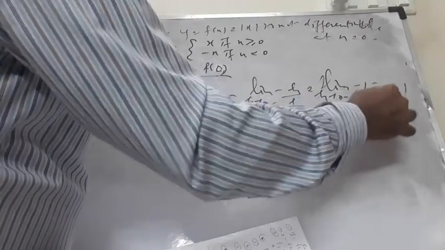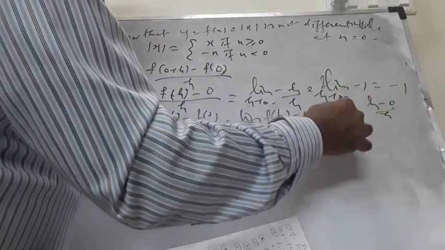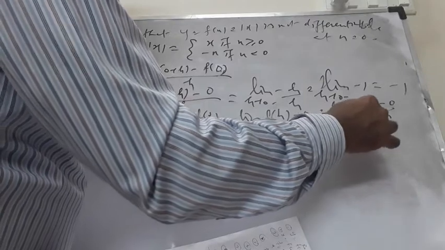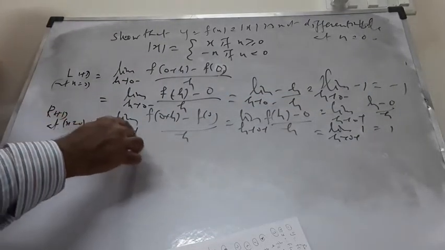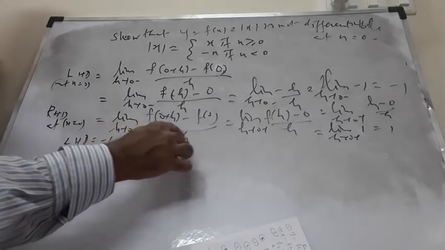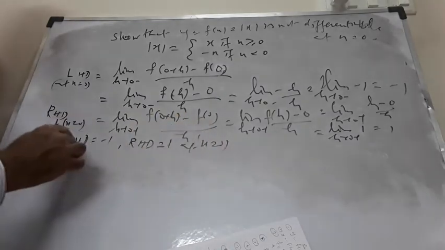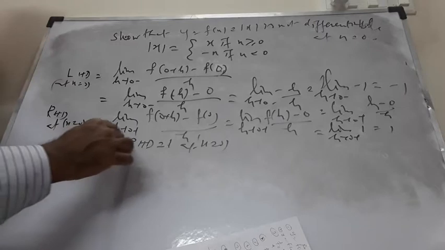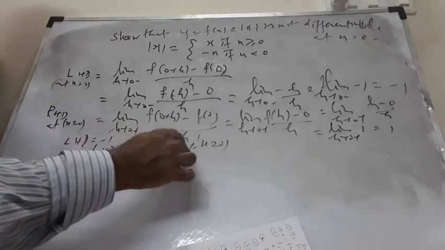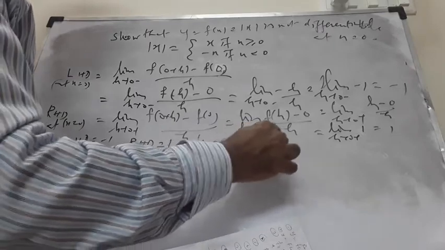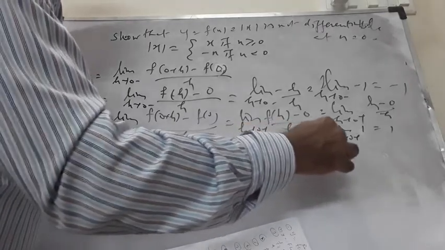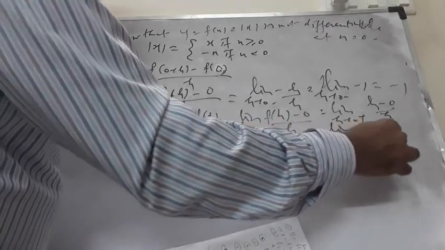Therefore, it is h by h, which is limit h tends to 0 plus of 1. Therefore, left hand derivative is minus 1, right hand derivative is plus 1 at x equal to 0. Therefore, LHD not equal to RHD implies y is equal to f of x equal to mod x is not differentiable at x equal to 0.